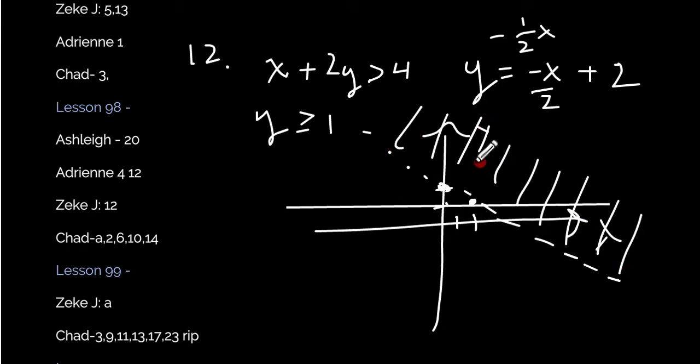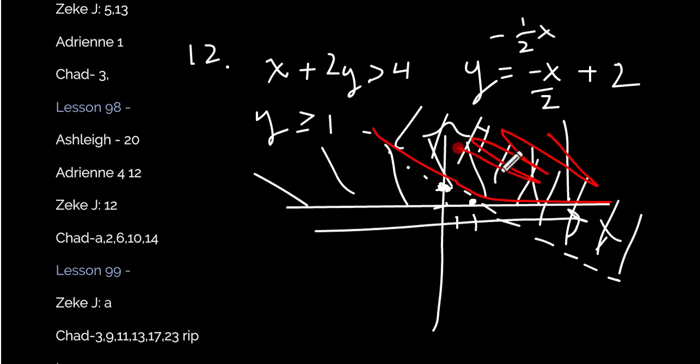And y is greater than 1, so it's going to be colored above this. It's a little messy there, but the part that's colored in is going to be all of this right in here. It's all colored in. That's where it overlaps.